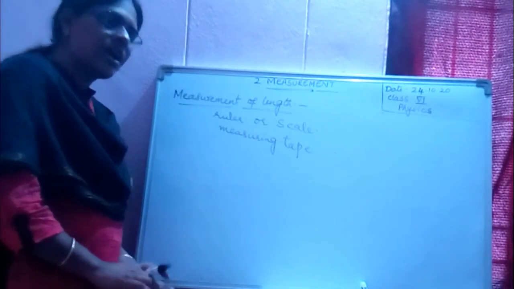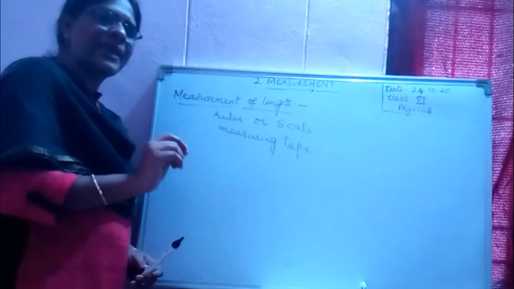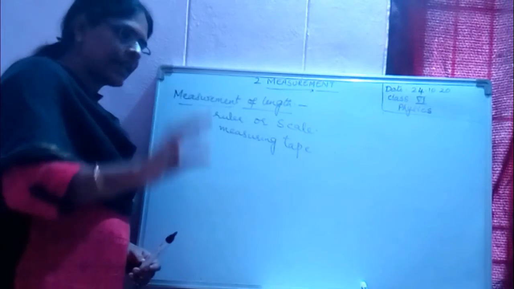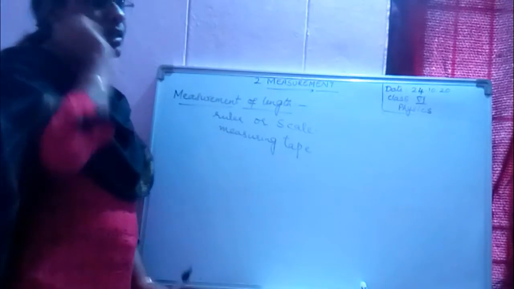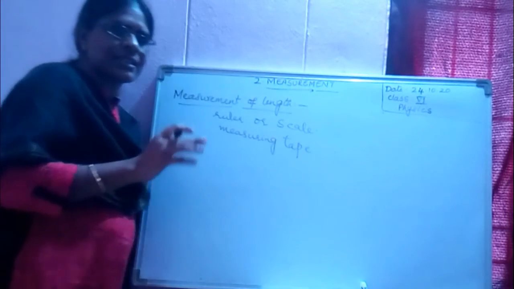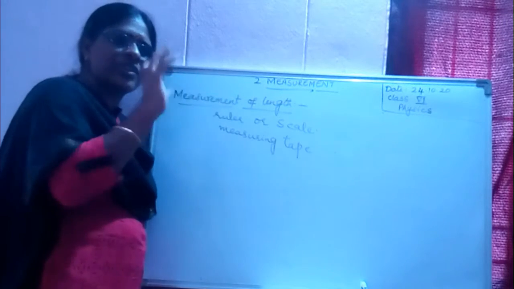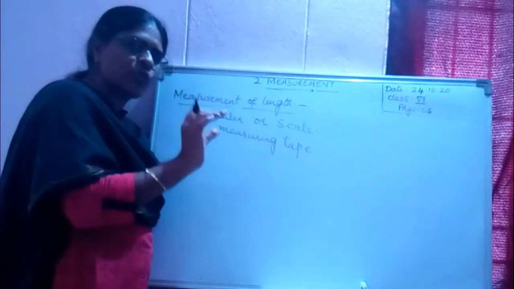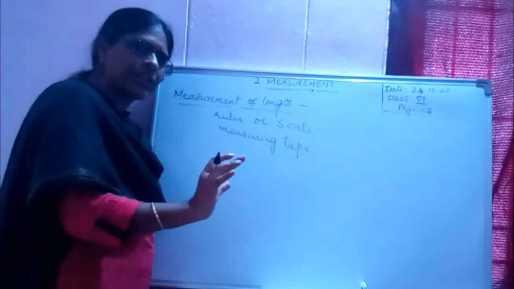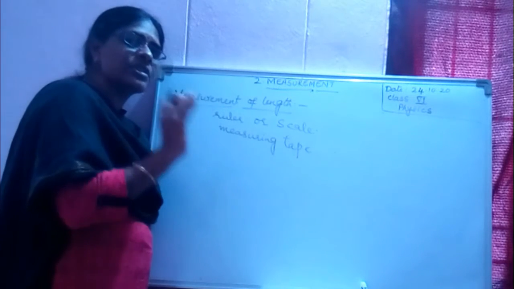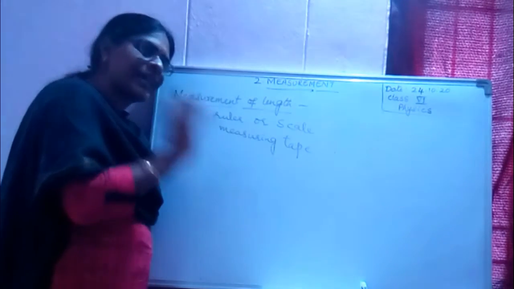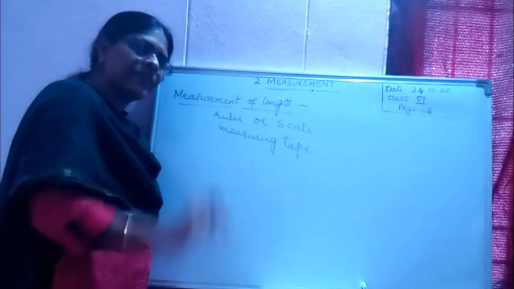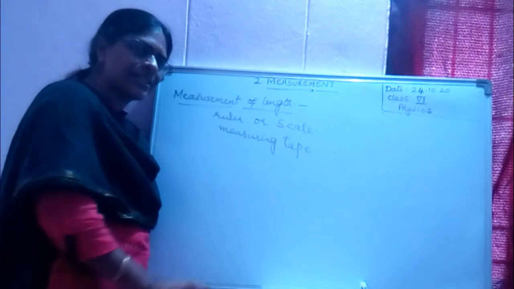Next, see how to measure length correctly. You can't place the instruments in whatever way you want. If you want to measure correctly and accurately, we must do certain things.